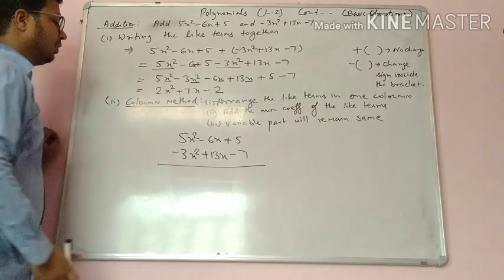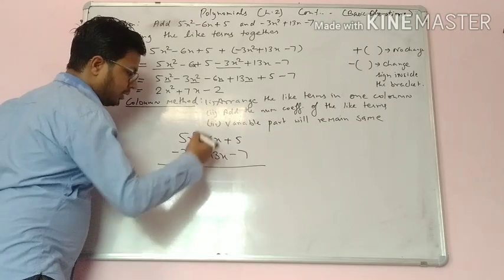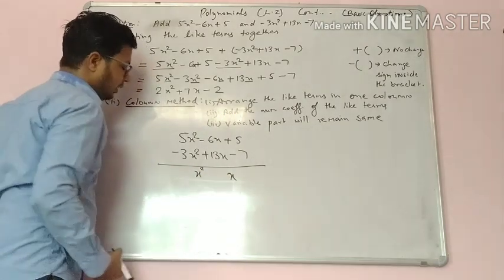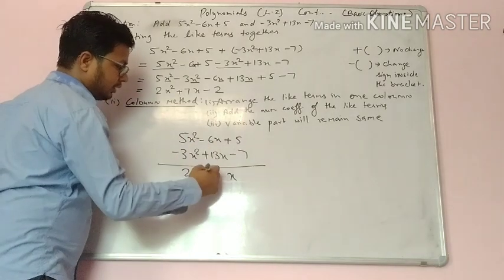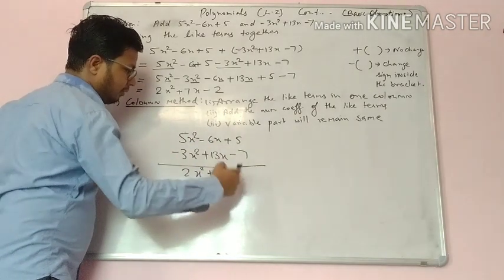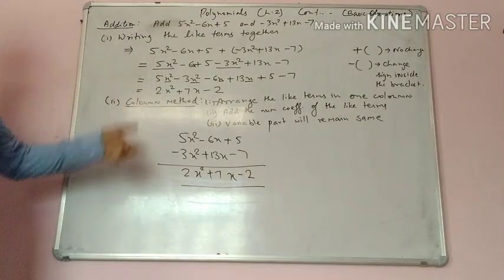Now x square will remain the same, x will also remain the same, the variable part. 5 minus 3 is equal to 2, 13 minus 6 is equal to 7, minus 7 plus 5 is equal to minus 2. As you can see, both the answers are the same.